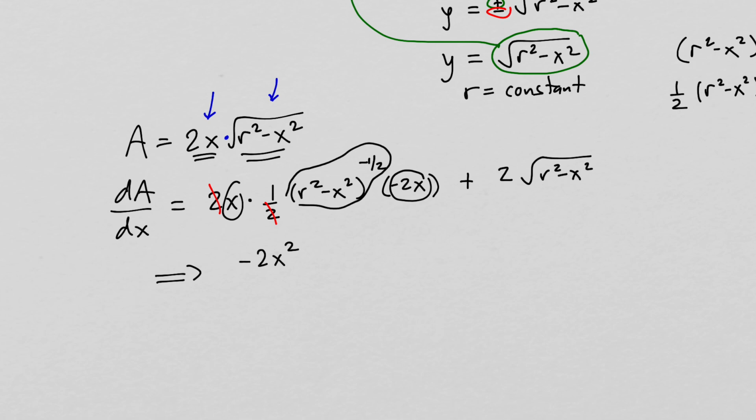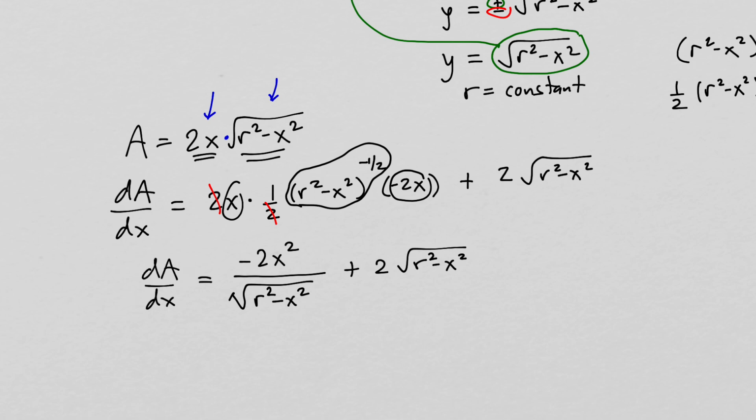R squared minus x squared to the negative 1/2 is going to drop to the denominator and become the square root of r squared minus x squared, and then plus 2 times the square root of r squared minus x squared. So this is what our derivative dA/dx is equal to.